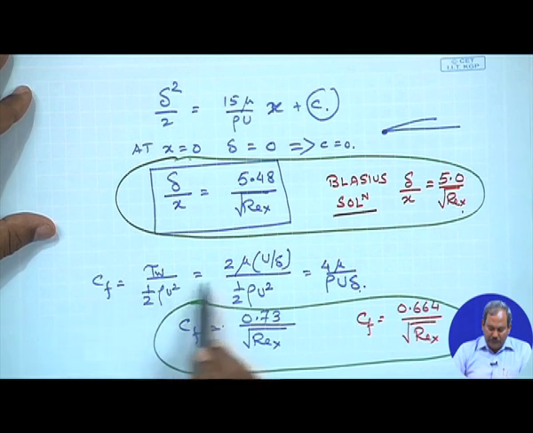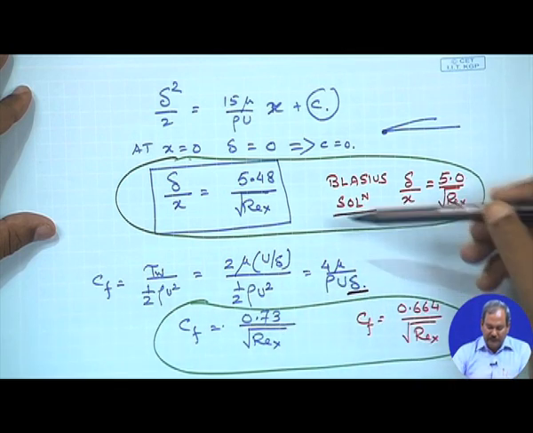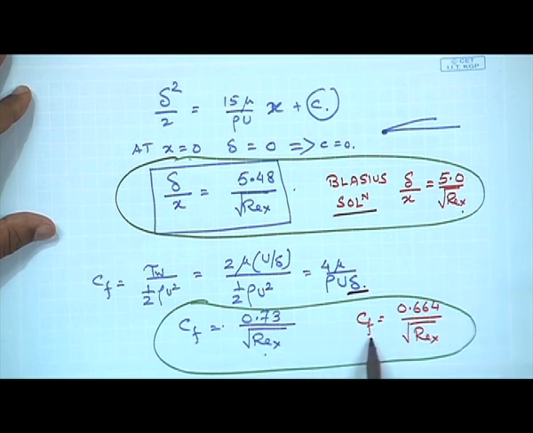So, following this and incorporating the expression of delta from here, we have obtained the expression for the shear stress coefficient to be equal to 0.73 by root Rex, and our result from the exact solution of Blasius was the same form, only difference is in the value of the constant.